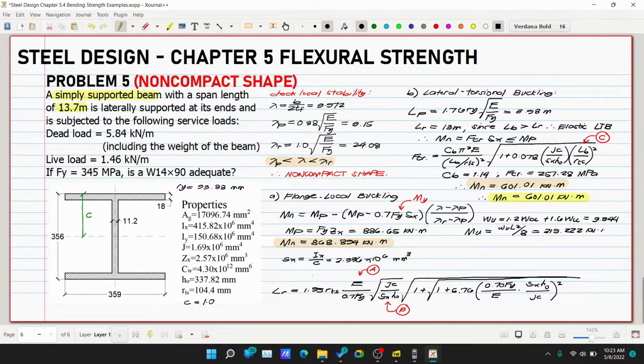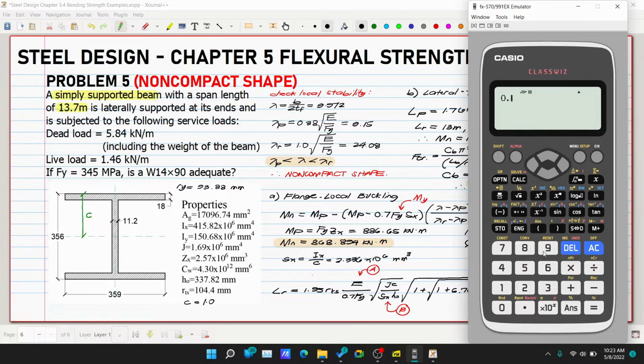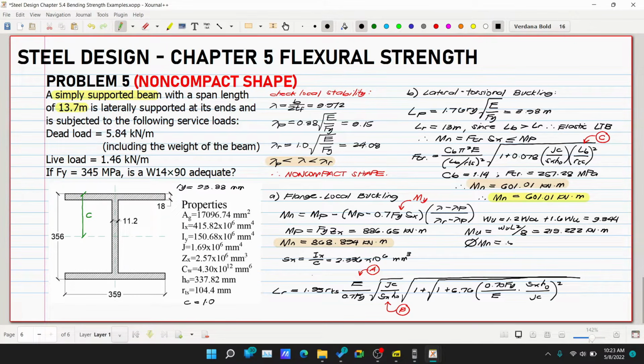kilo Newton meter. So ngayon, i-compare natin yung ating MU sa ating design strength. So ating design moment capacity or design moment strength is 0.90 of 601.01. So 540.91 kilo Newton meter.